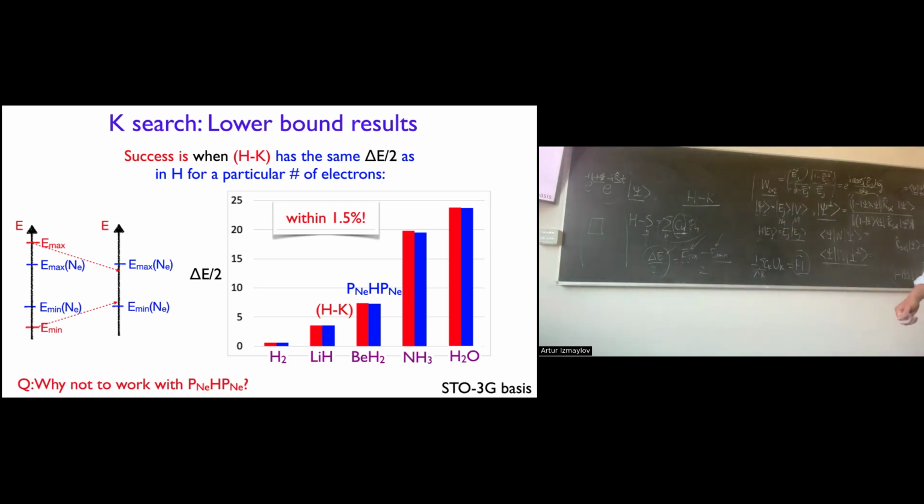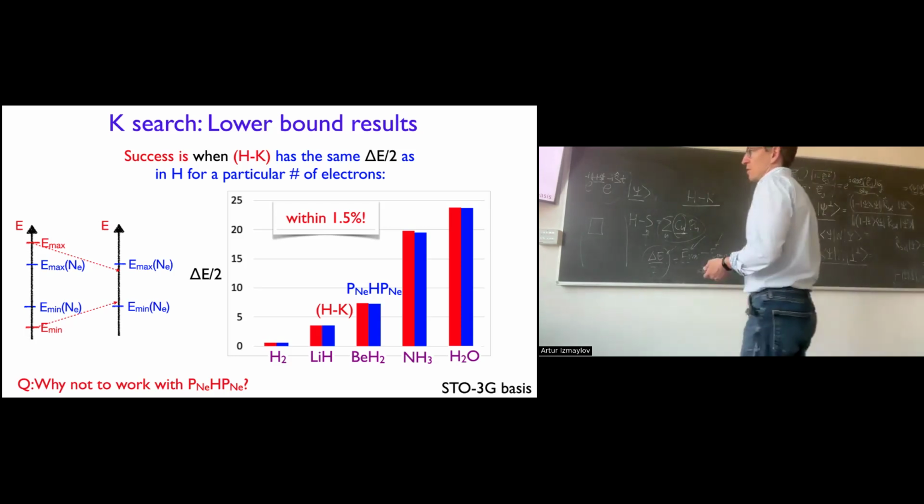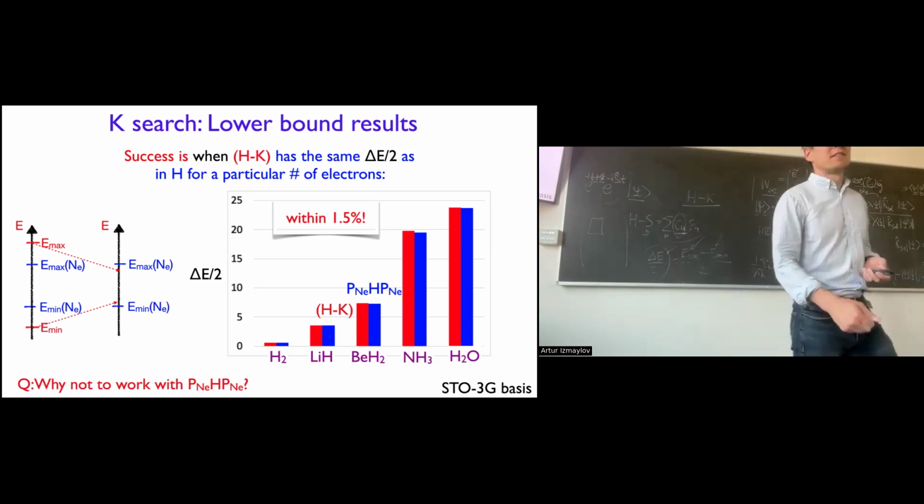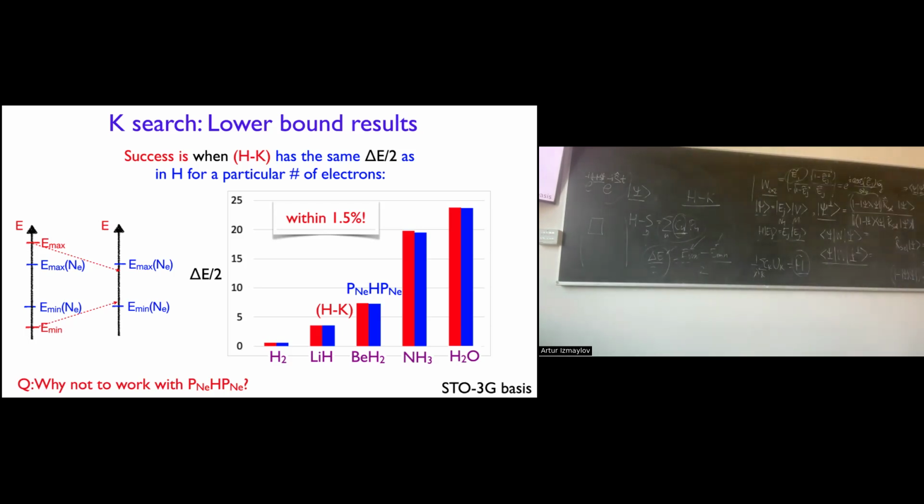Now, one question you may ask is why not work with just the projected Hamiltonian, right? So what would be your answer to that? To work with projection, you need to build a projection. How would you build a projection?